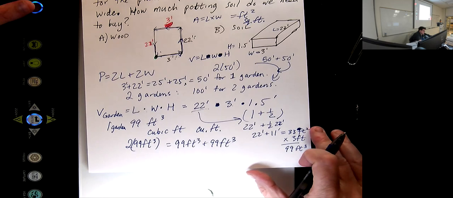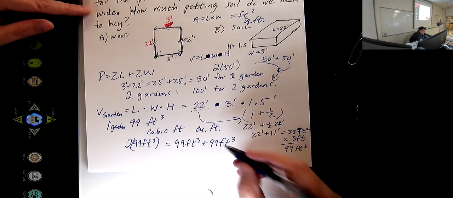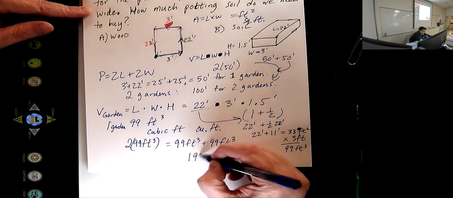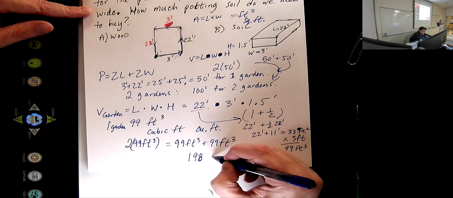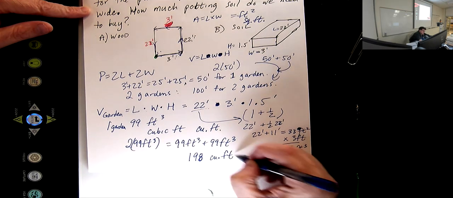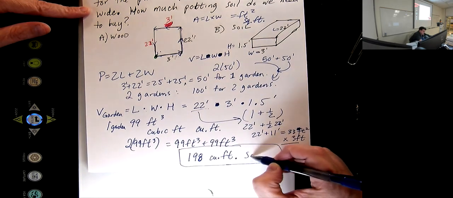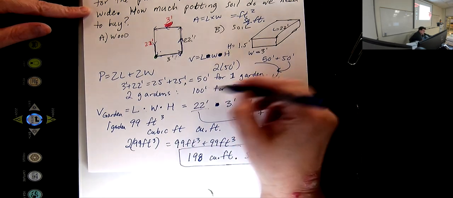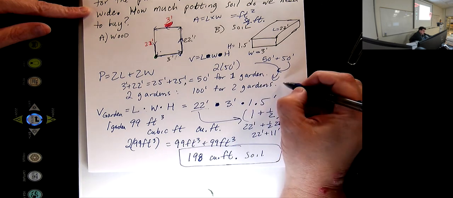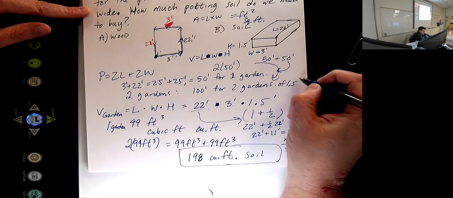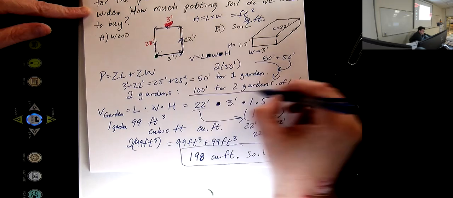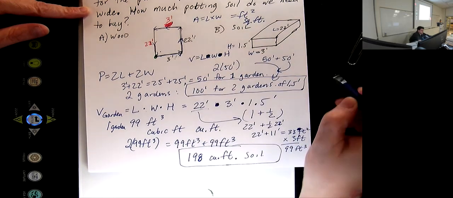Division is repeated subtraction. So if I add these up, I've got 198 cubic feet. So that's how much soil we need. And we needed 100 feet of the 1 by 1.5 inch wood.